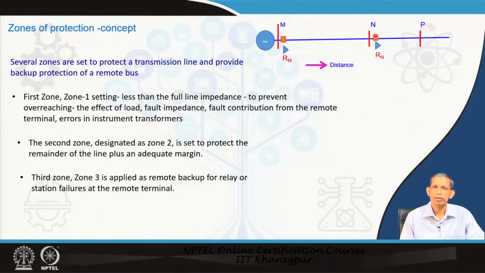We extend that region and therefore it becomes a slower one, and then zone 3 takes care of the backup for the next line section, the breaker, the substation failure and so on. So, these three zones are very commonly used in transmission line protection.